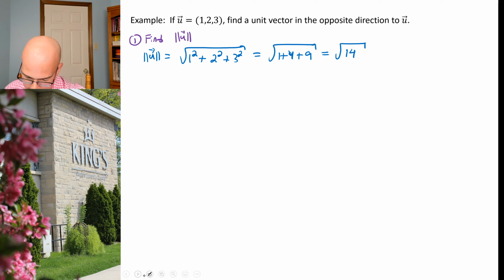Now we do step 2, is that the new vector v is equal to minus 1 over L, so I should call this L for length, minus 1 over L times u.